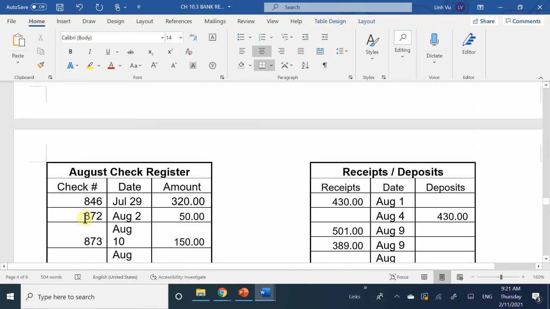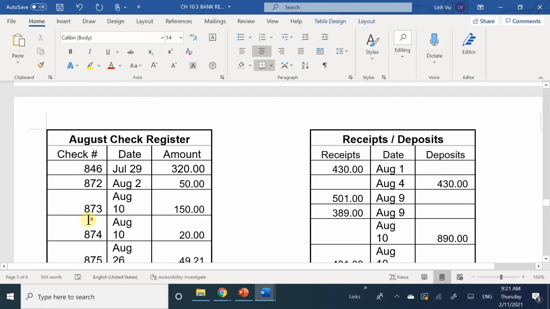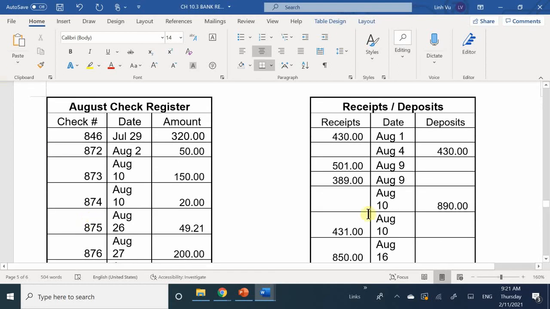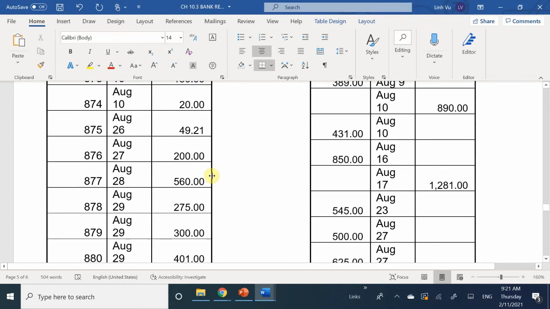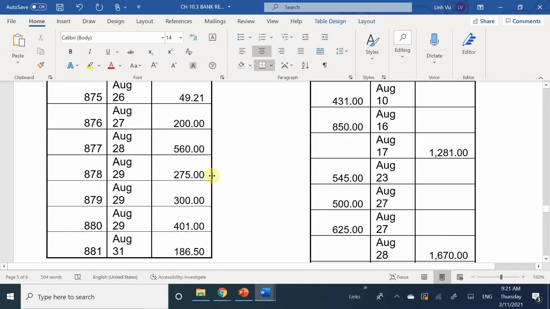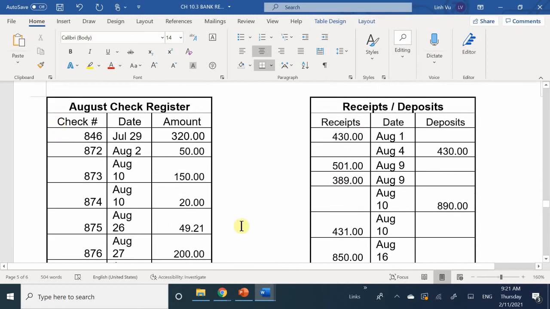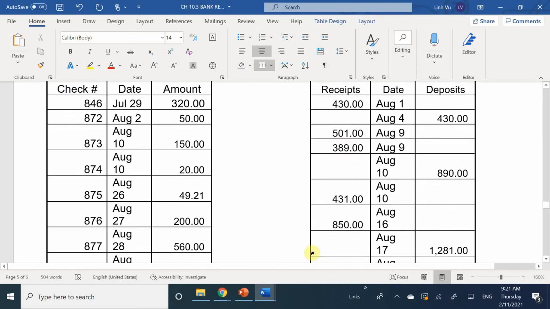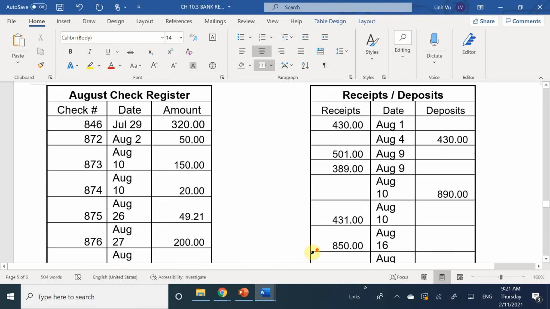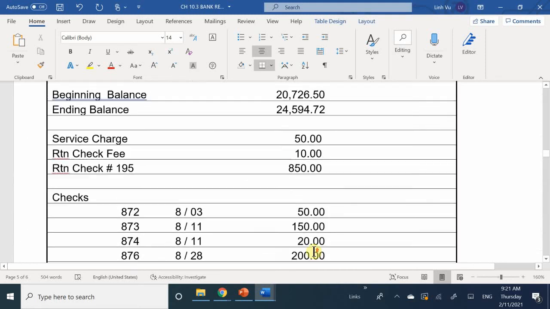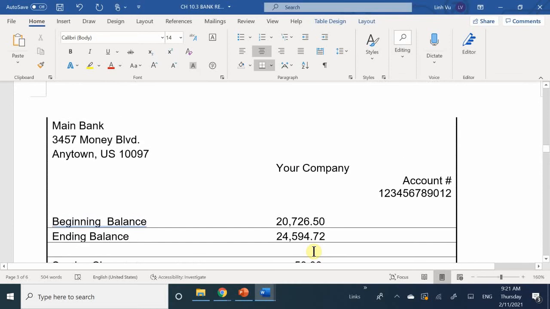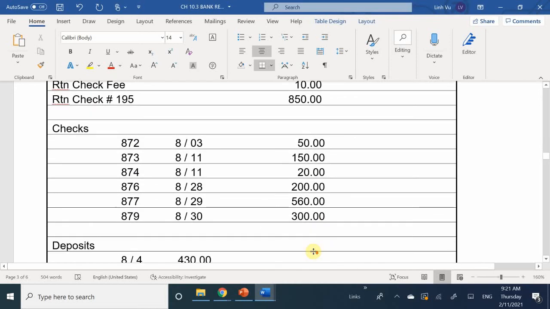How many checks have I written actually? 11. Okay, so let's go ahead and look at my bank statement to see how many of those checks actually cleared.